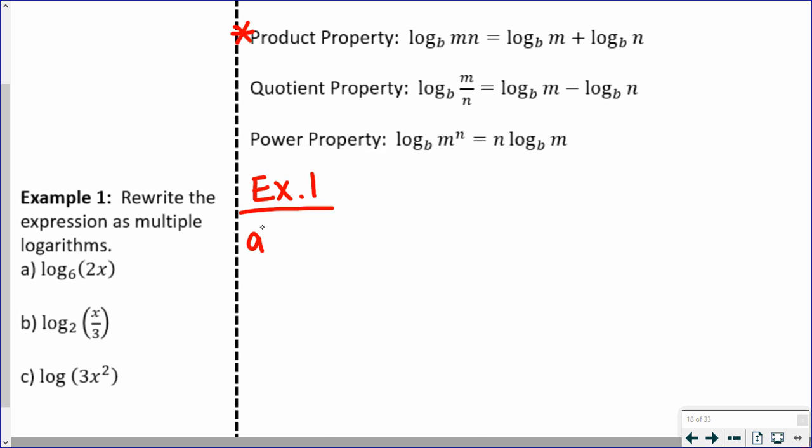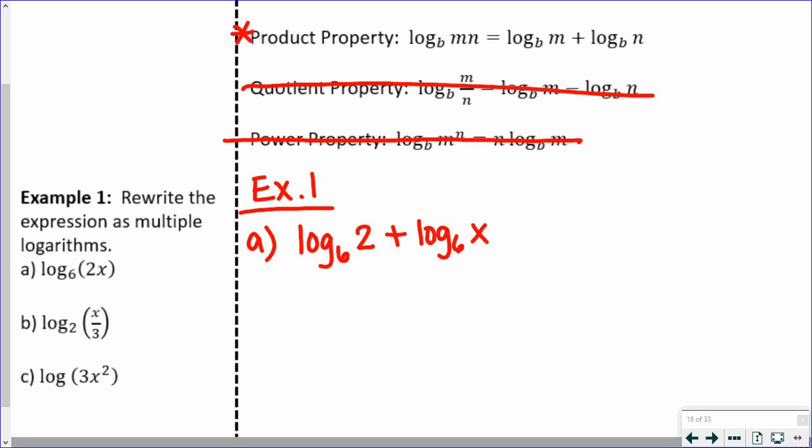Okay, so for part A, then we break it up. We say log base 6 of the first thing, 2, and then it'll be plus log base 6 of the second thing that's multiplied, which is x. And then we don't have any division, so we don't need to do that one for this problem, and we don't have an exponent inside of our log, so we don't need to do that one. So part A was just doing the product property.